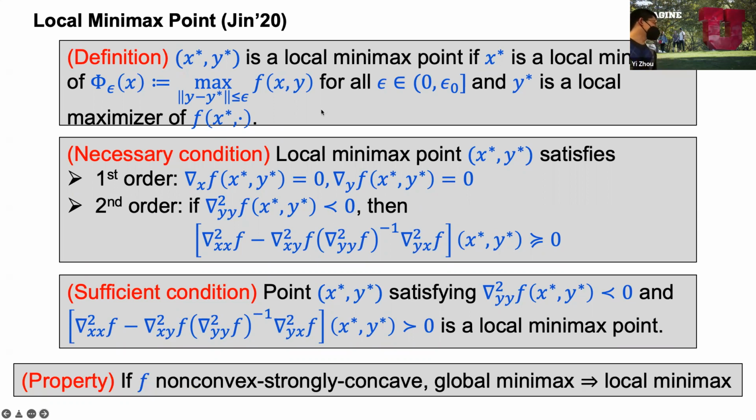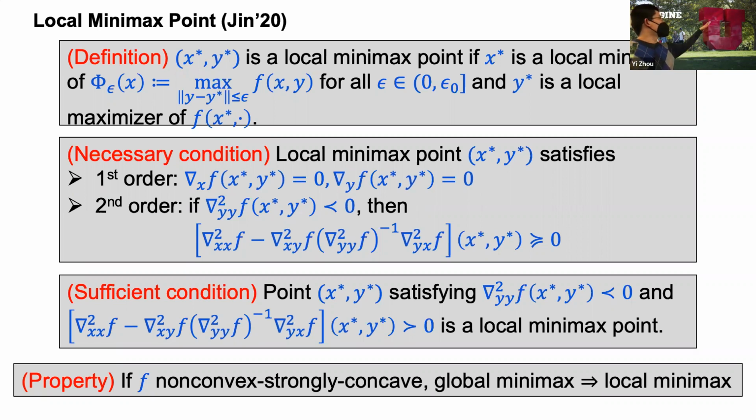And the property is that if the function is non-convex and strongly concave, then we can say that a global minimax point is guaranteed to be a local minimax point. Now, it's a little bit tricky here because in general, for minimax problems, global minimax may not necessarily imply local minimax.